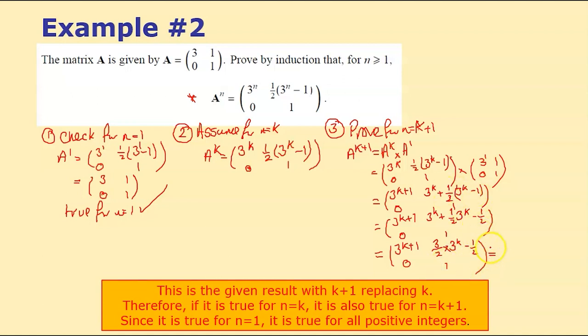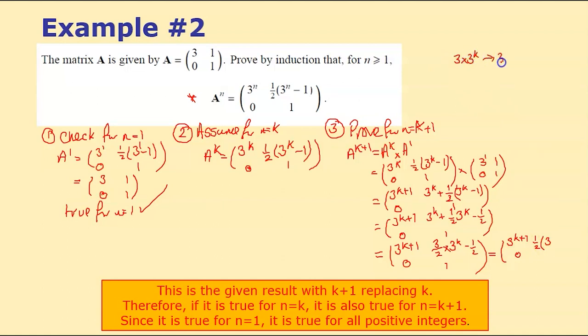And here's the trick. Here's what I need to say here. I can say this is 3 to the k plus 1, 0. And I can take out a half as a common factor, which of course is what I need to do. And that gives me 3 lots of 3 to the k. And if you just think about what I just said, I'm going to write 3 lots of 3 to the k.